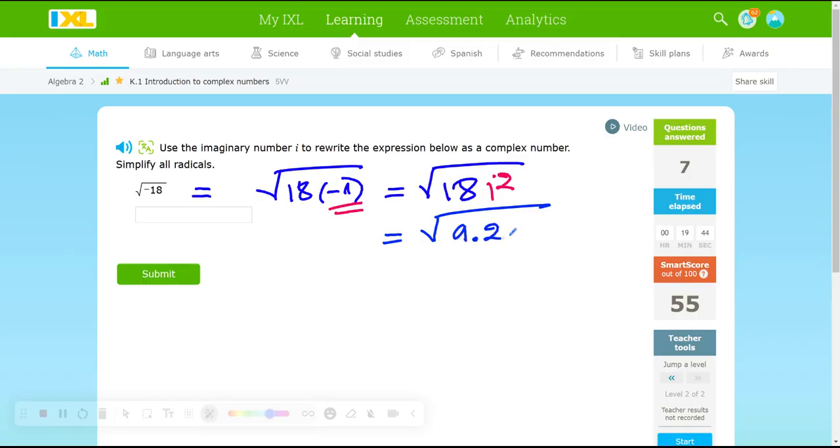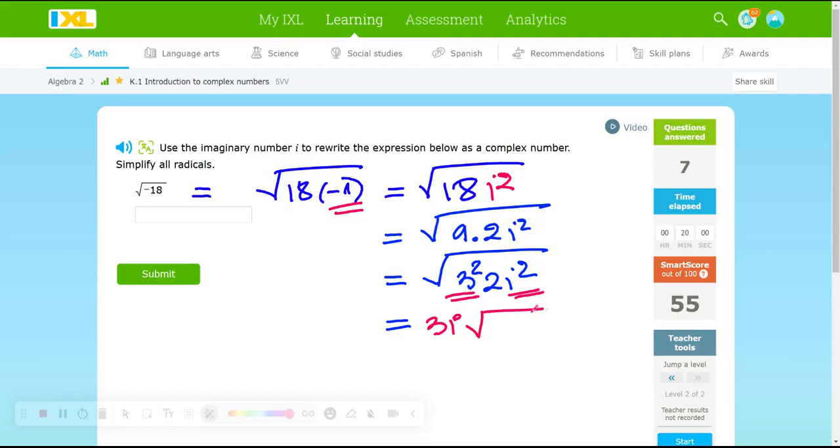But 9 is 3 squared, alright? 2 is still there, i squared is still there. So now I move 3 squared outside, that's number 3. i squared goes outside, it's only i. The only thing I cannot simplify is number 2. Okay, so that is the answer.